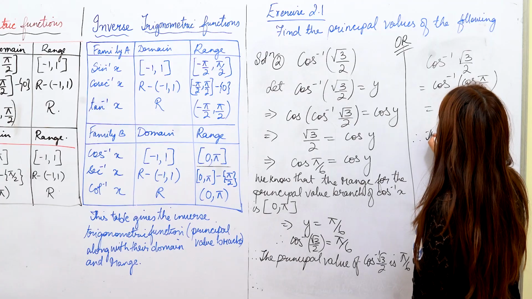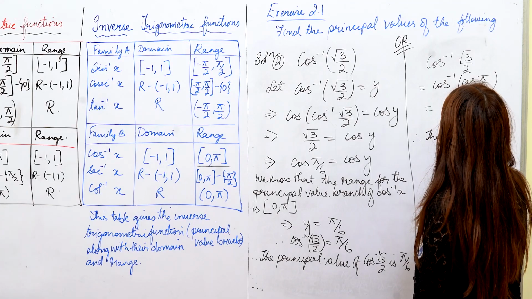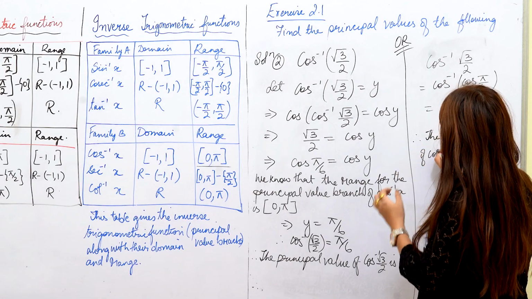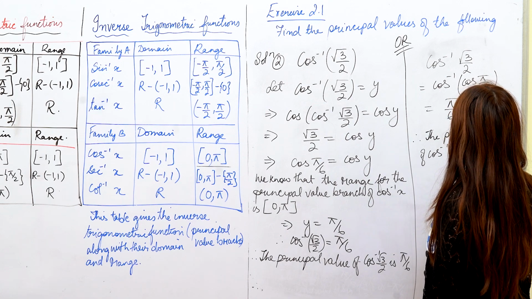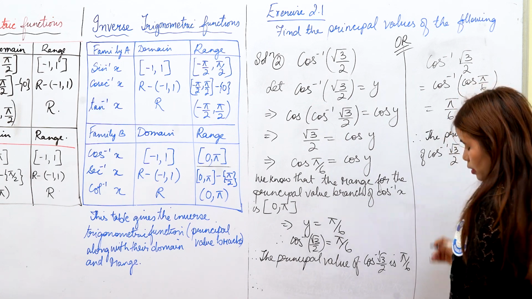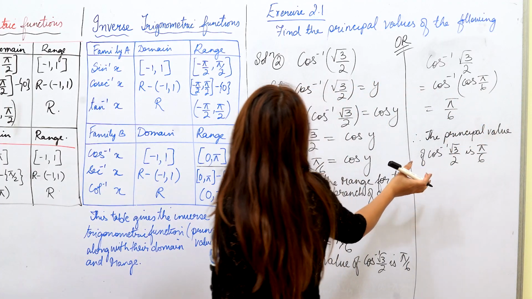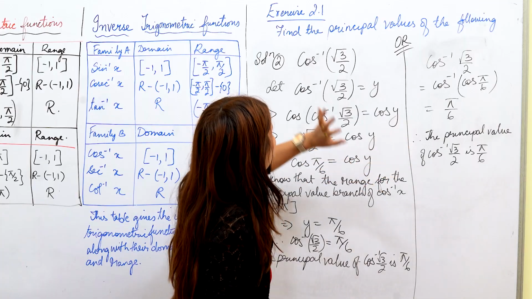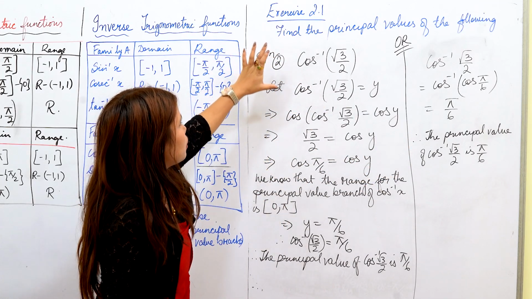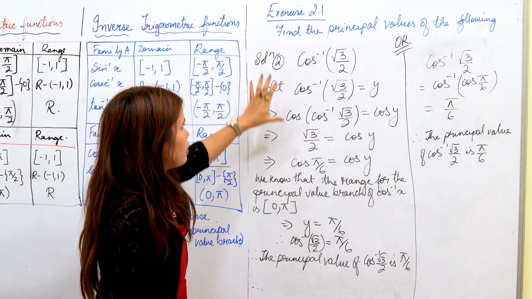Therefore, the principal value of cos inverse root 3 by 2 is pi by 6.